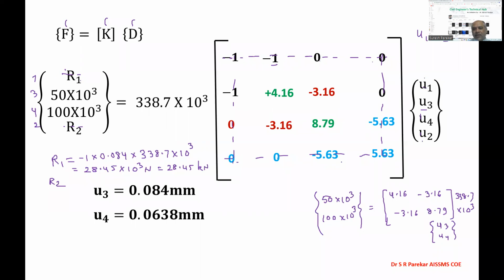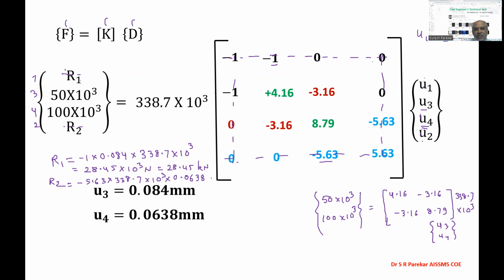And then R2. For R2, again the first two are 0, so U1, U3 will not be there. And then U2 we have 0, so we have minus 5.63 into U4. So we have minus 5.63 into 338.7 into 10 raised to 3 into 0.0638.